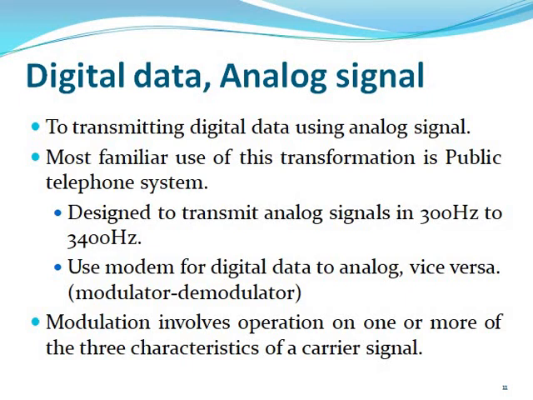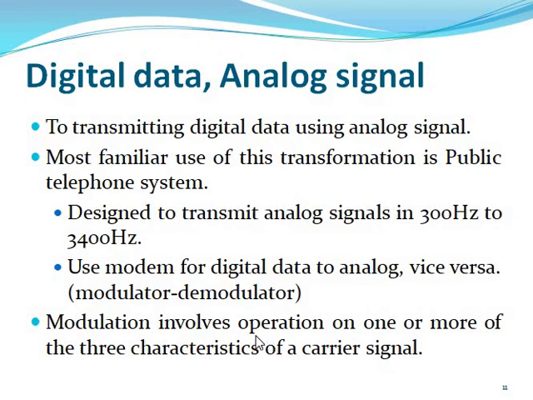So digital data and analog signal are mostly used for modulation and demodulation. Modulation involves operation on one or more of the three characteristics of the carrier signal. Modulation depends on three characteristics of the carrier signal.